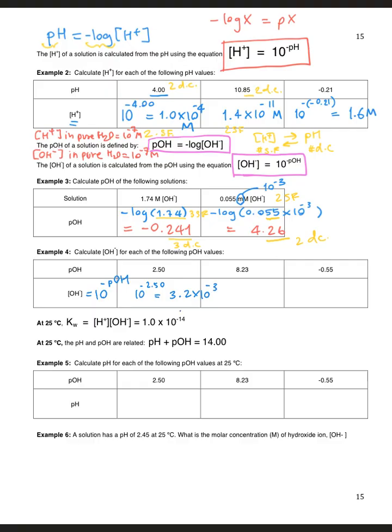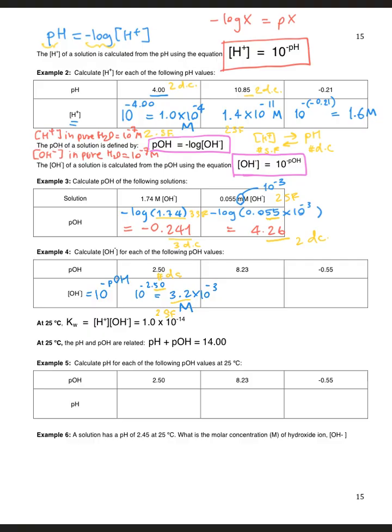Again, don't forget the concentration is in the unit of molarity. To consider the significant figures, since we are changing from pOH, you look at the number of decimal places. Since there are 2 of them, your final answer will also contain 2 sig figs. It's the opposite, right?